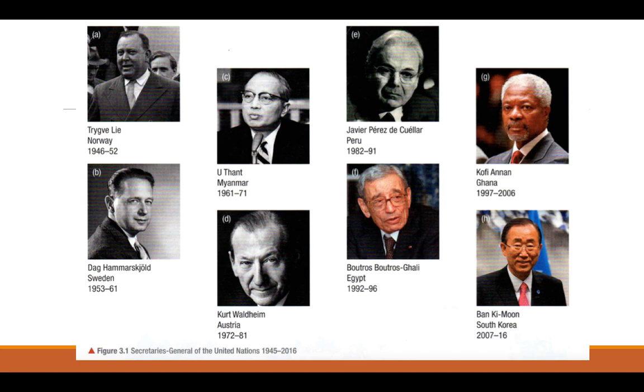Which countries don't you see there? Ask yourself a question. Now, if you look at it, the superpowers, USSR, USA, or Russia and USA at the moment, China, United Kingdom, France, are absent. So we have never had secretary generals from these countries.